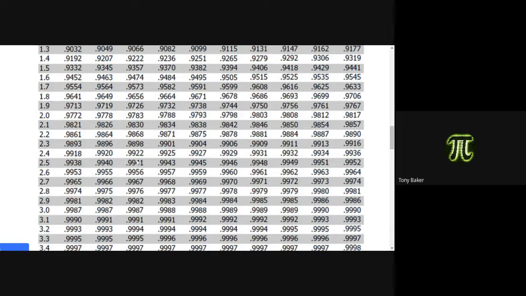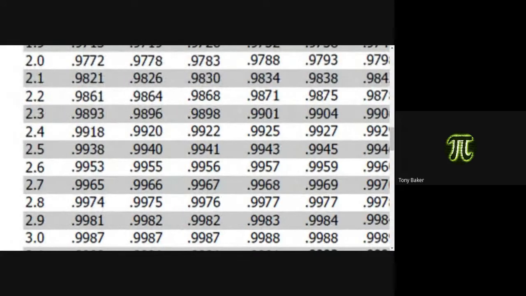Now, if I'm looking for the critical value, I'm looking for the z-score that's going to give me 1%. So in this case, it's going to be 0.99. So 2.33 will give me 0.99.